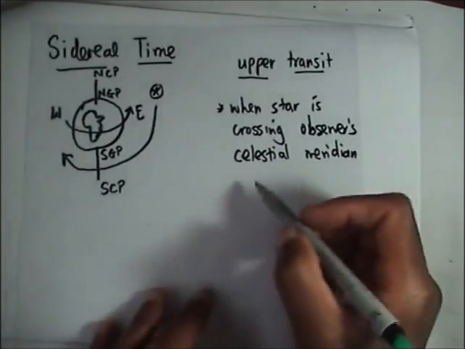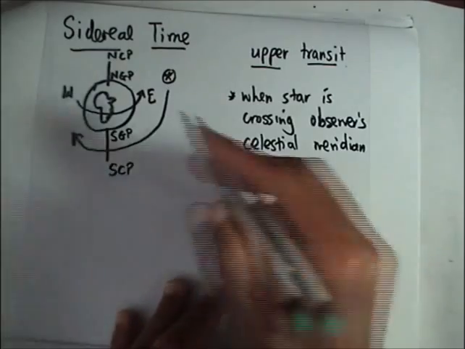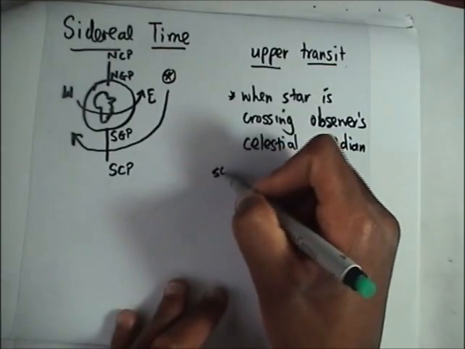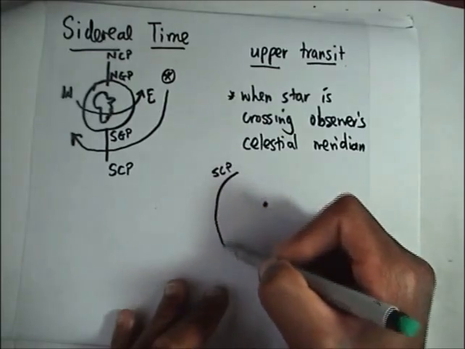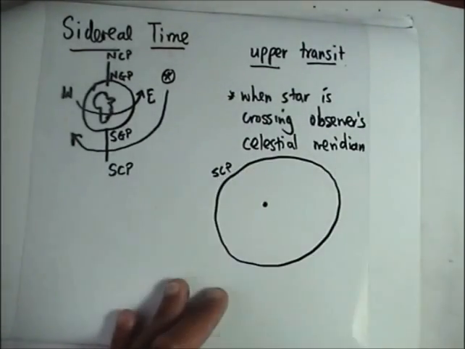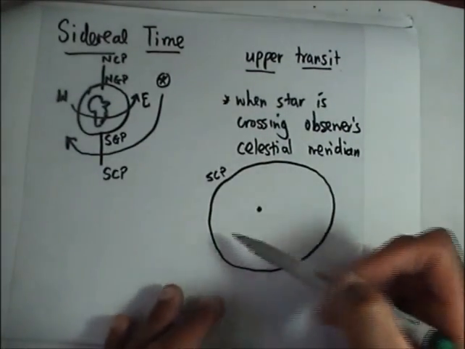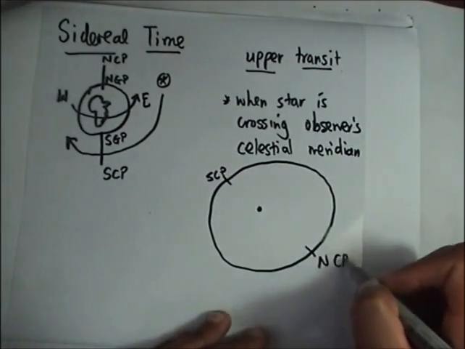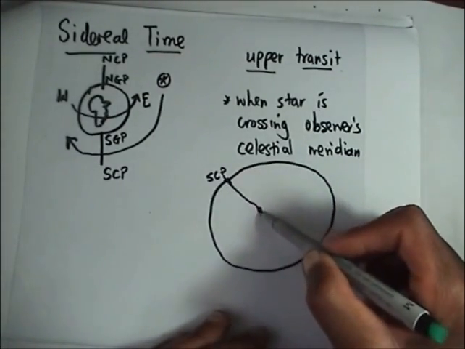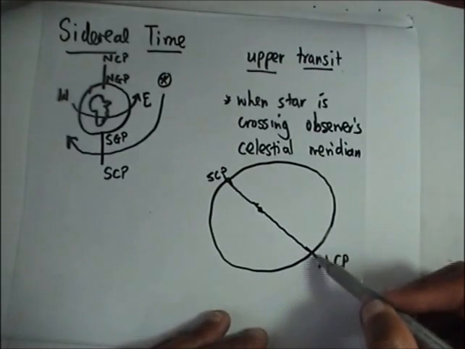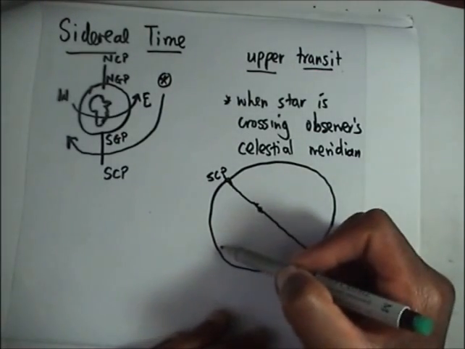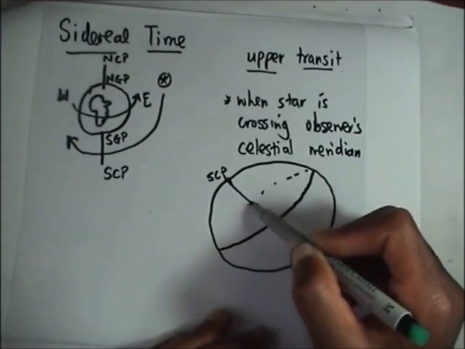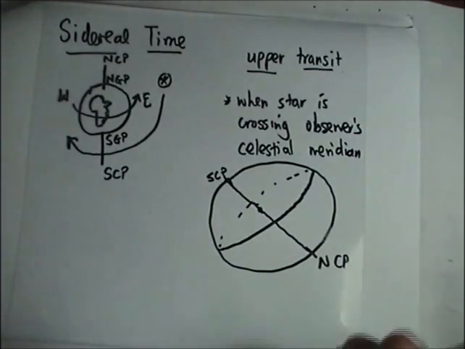Just a quick recap. I'm not going to draw Earth, I'm just going to put a dot there. Imagine that is Earth, and this is our south celestial pole, this the north celestial pole, and we have a celestial axis that cuts through Earth. Perpendicular to that we have our celestial sphere, and the observer celestial meridian.